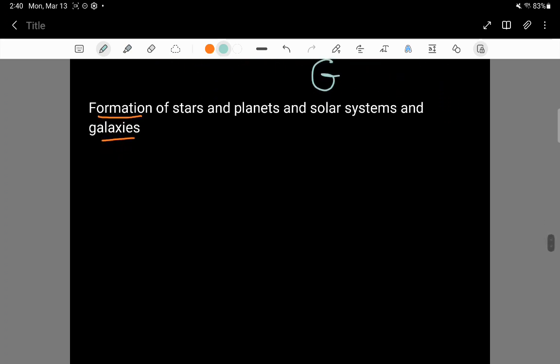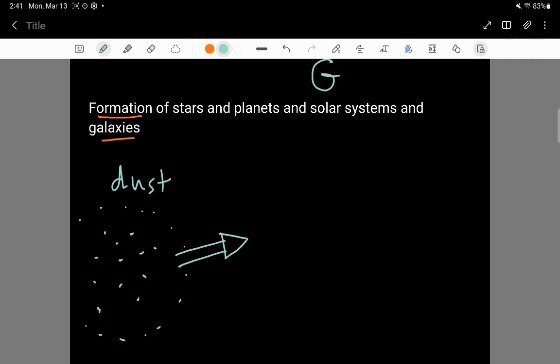So here's the idea. You might start off with a bunch of space dust, right? So this sort of cloud of space dust here, I'm just going to kind of weakly draw a bunch of dust, and let's say it's headed this way. So that's some space dust, because of a star exploding or something like that. There is other space dust here, that, for example, is headed this way.